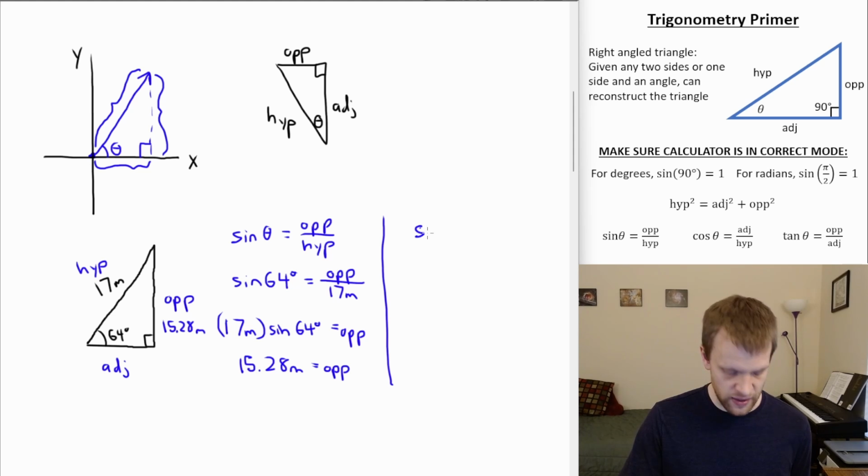So we can do the same thing. Cosine of 64 degrees is equal to the adjacent side over 17 meters. And we're trying to solve for the adjacent side, so let's multiply both sides by 17 meters.